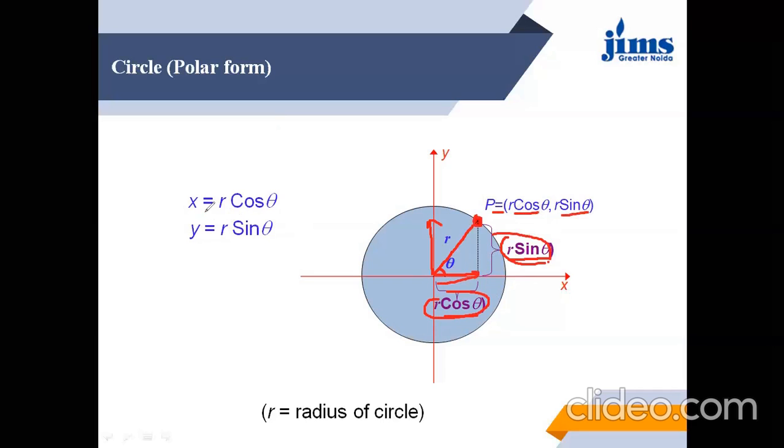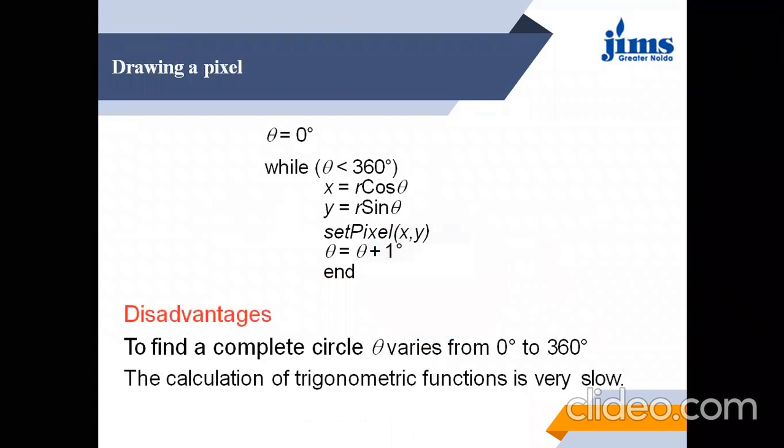So x is equal to r cos theta, and on the y-axis it is r sin theta. We can write any circle equation in polar form, where we use the angle as well as the radius of a circle.